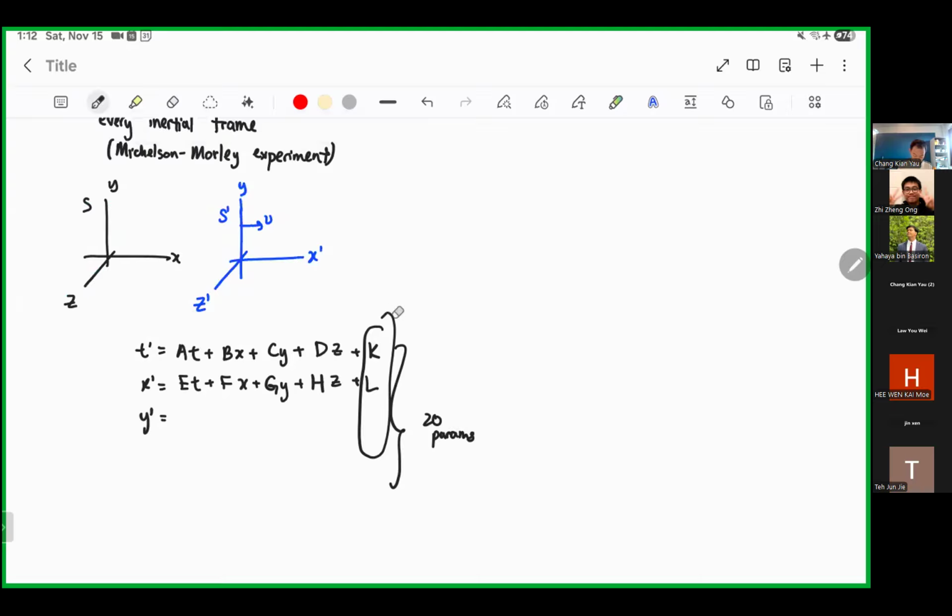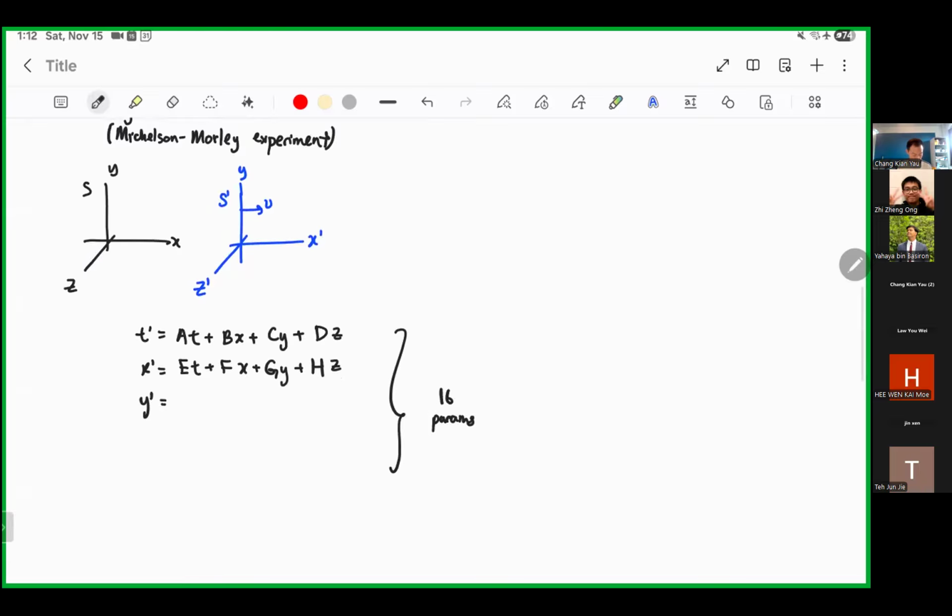By letting the origins coincide, we can remove this parameter. So we're left with 16, because there were originally 5 in each of the 4 equations; removing the constants leaves 4 per equation, so 16 parameters.